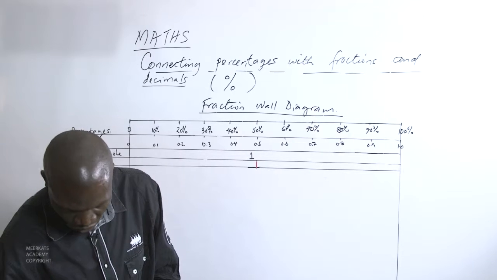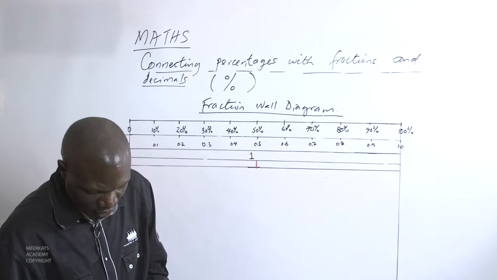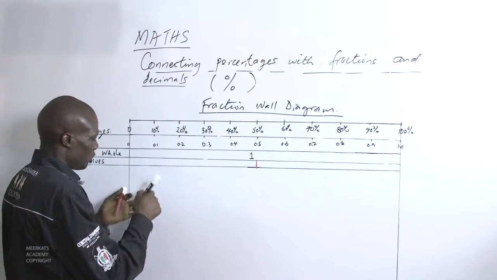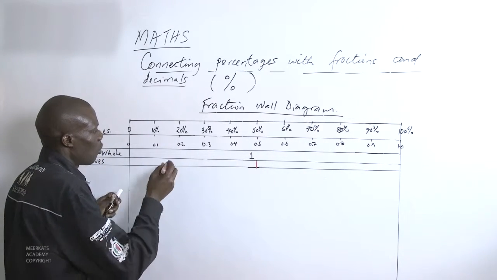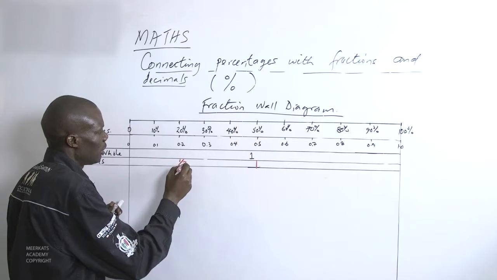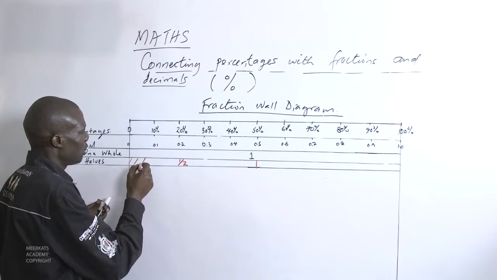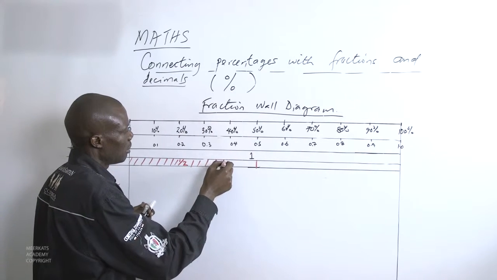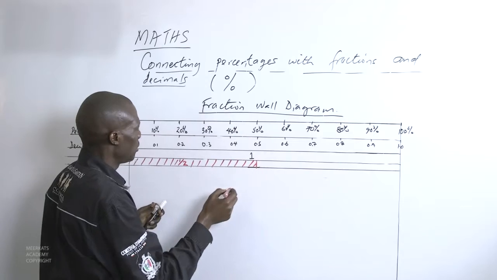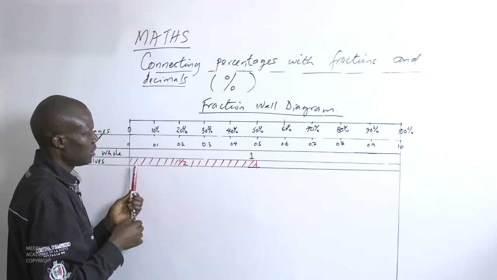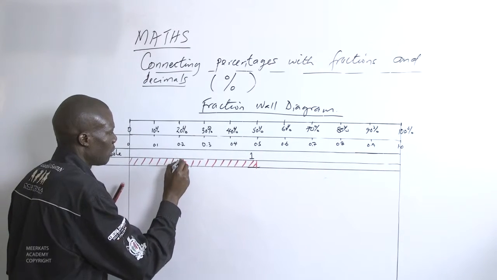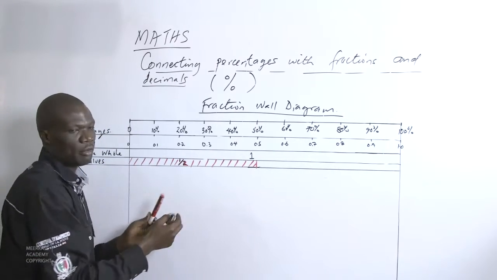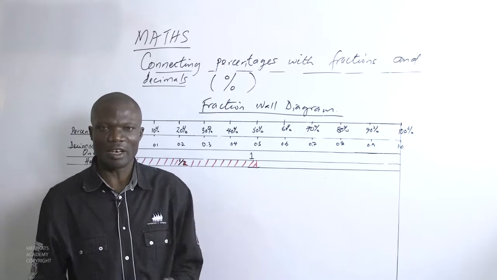What you'll notice from this is that it is made up of two halves. So this one is 1/2. If I may shade, I'll show it by this. So that is 1/2, and this is another half.